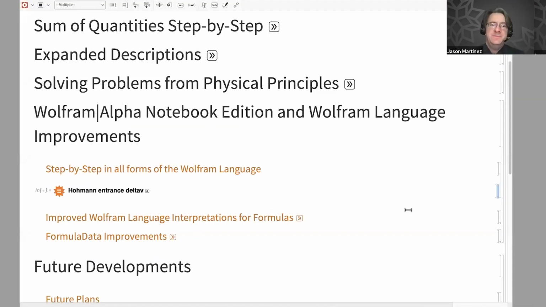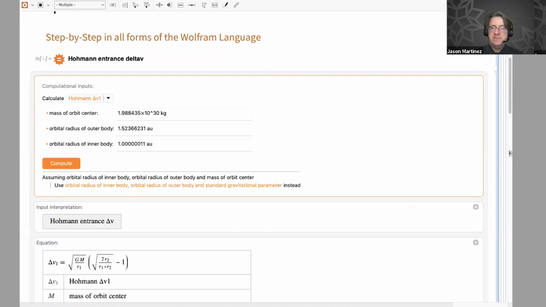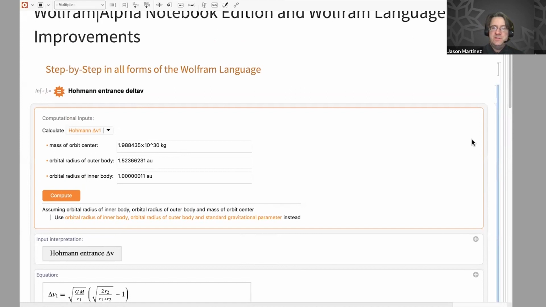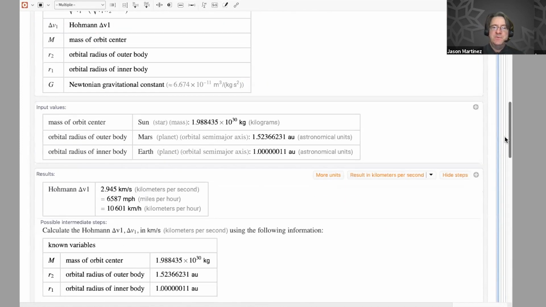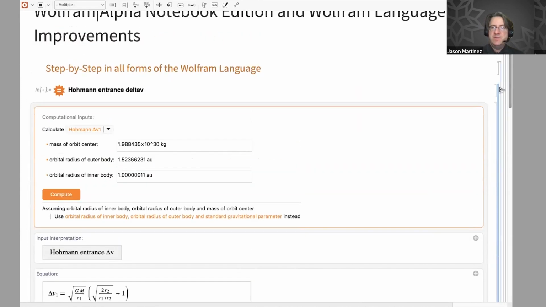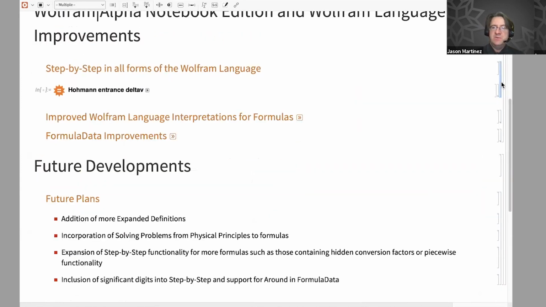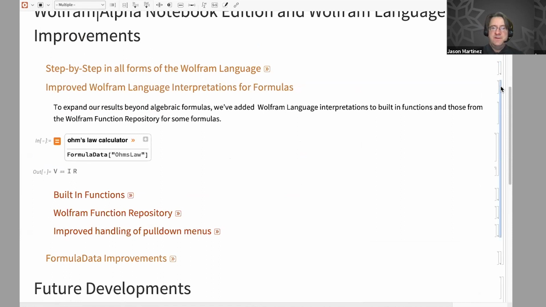So now to take us to Wolfram Alpha Notebook Edition and the Wolfram language in general. So all of this step-by-step functionality will ultimately be available through the Wolfram language, through the normal channels, like double equals and so forth. But we've also been making improvements to other aspects of physics education.